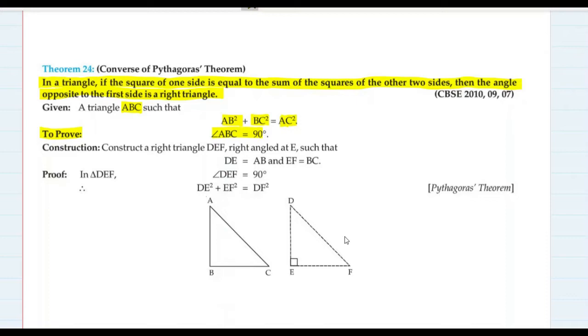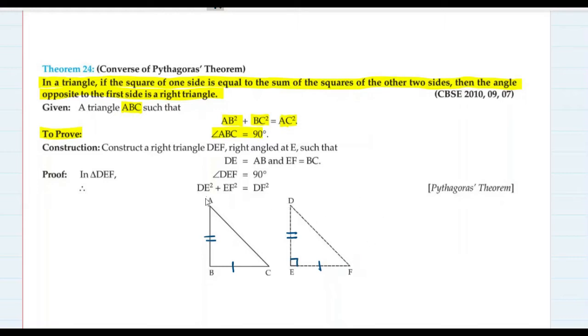You have to construct a right angled triangle DEF, right angled at E, such that DE is equal to AB and EF is equal to BC. So this is by construction. Now in triangle DEF, angle DEF is 90 degrees because we have constructed it.